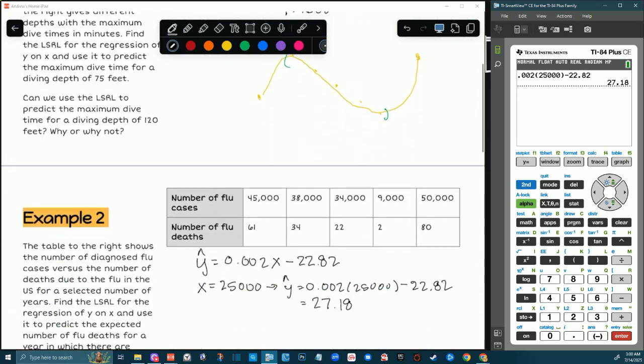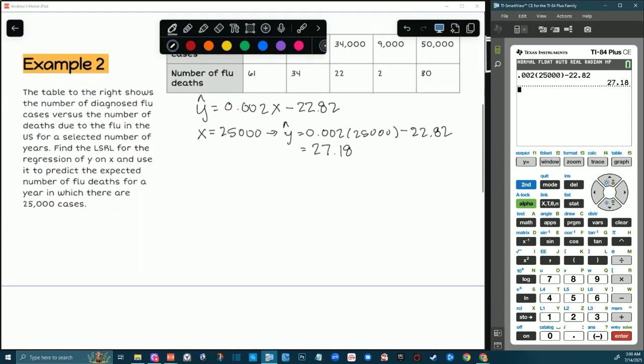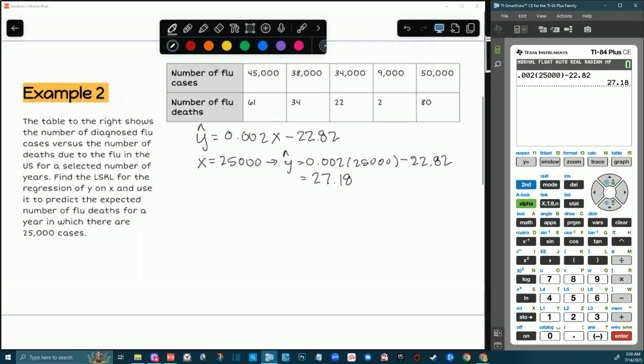If you are looking at a situation where the data is not strongly linear, you probably don't want to use that least squares regression equation to make predictions. So in the very first video in week 7, we're going to look at how do we tell when it is safe to use our linear model to make predictions and when is it not safe. And it turns out we can do that using a very specific hypothesis test.